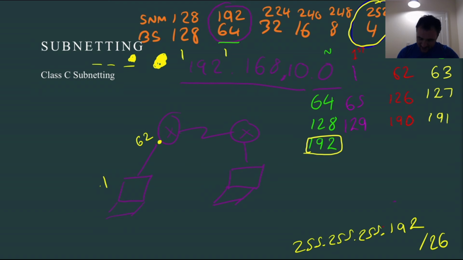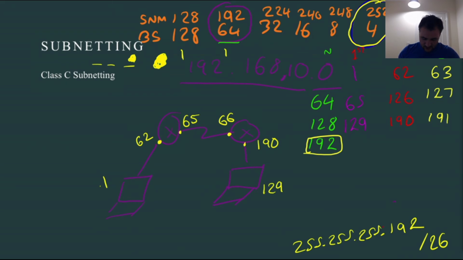But anyway, I said 3 equal networks, so I'll go for 65, and I could go for 126, but I'll go for 66 just because it's incrementing up. And so we've got this client, which is 129, and then I'll go for 190. Brilliant. So that's class C.